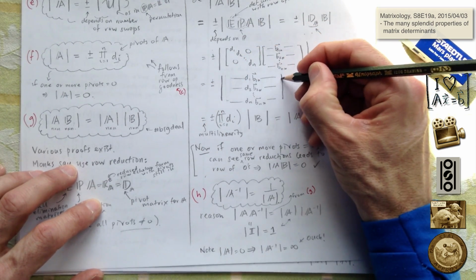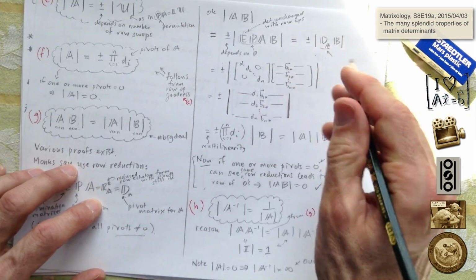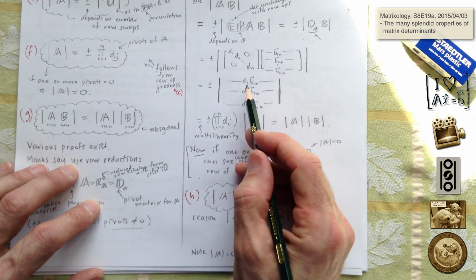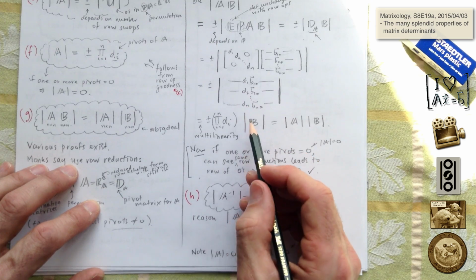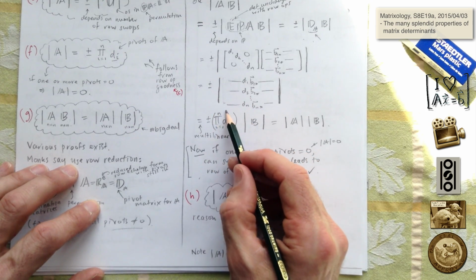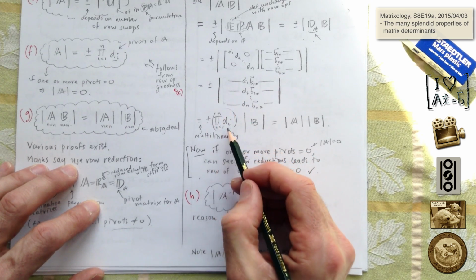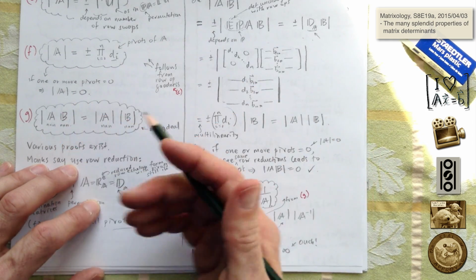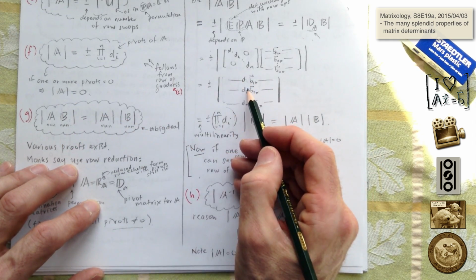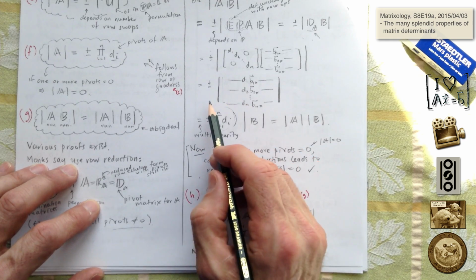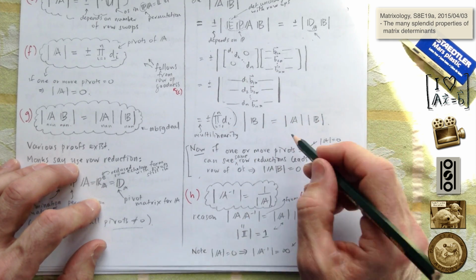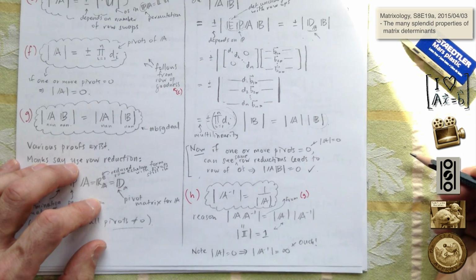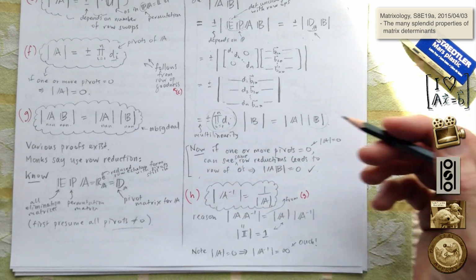We're trying to find the determinant. Multilinearity means that we can pull out each one of these pivots: D1, D2, we're going to pull them all out. We've got a plus or minus still. We've got the product of the pivots of A multiplying the determinant of B, because the thing that's left is B. If you pull D1 out, then D2, one at a time, by multilinearity, this is the determinant of A multiplied by the determinant of B. So that's pretty cool.